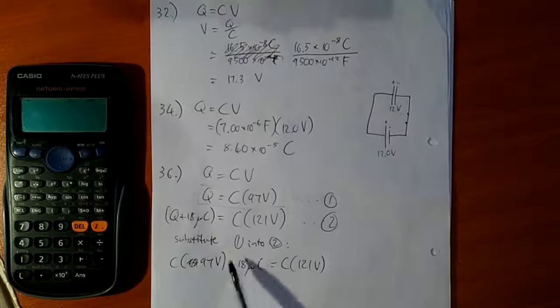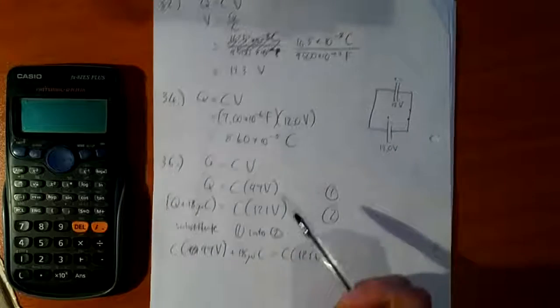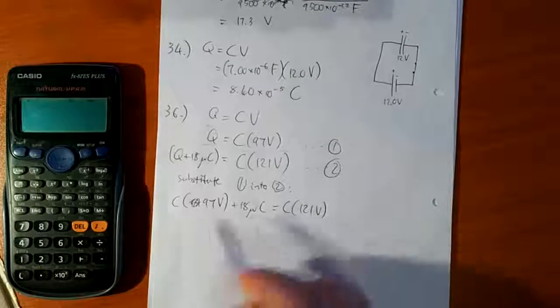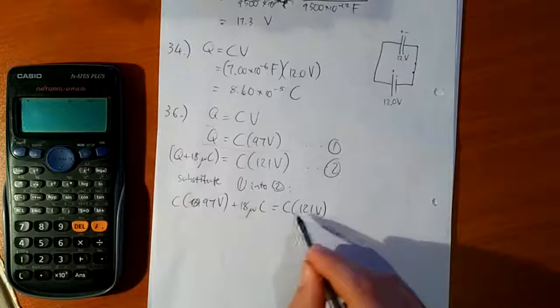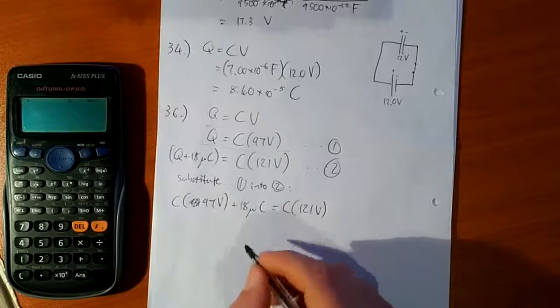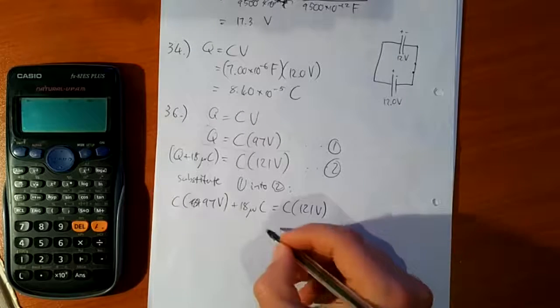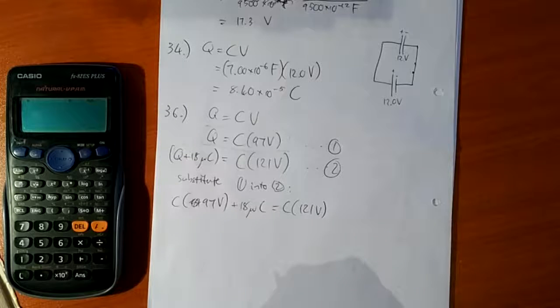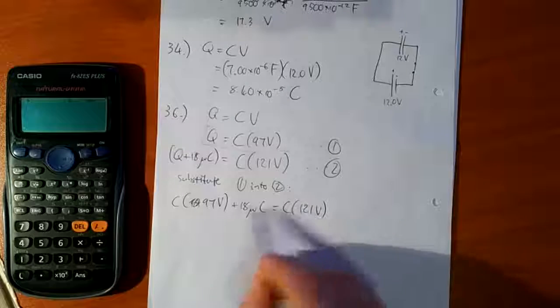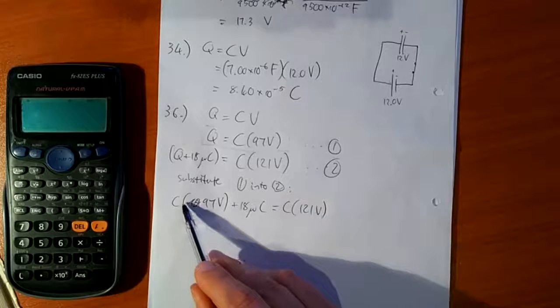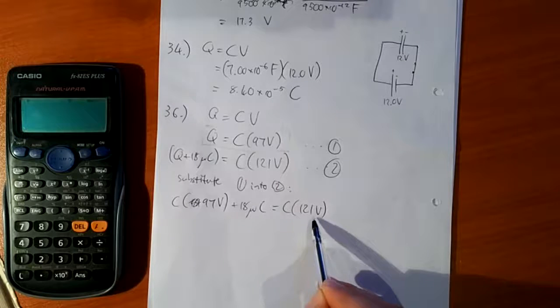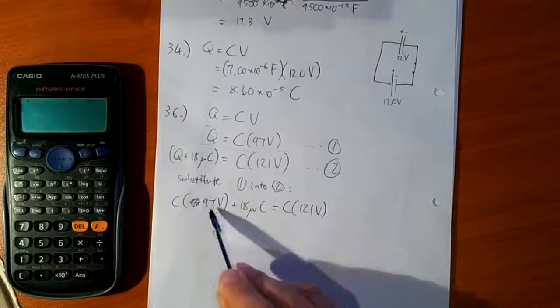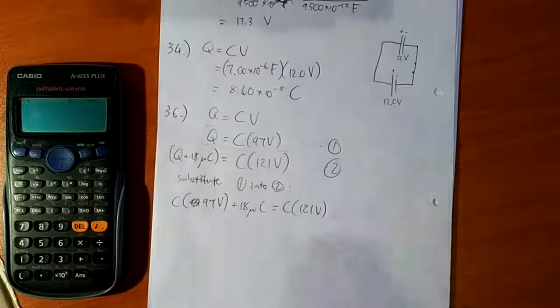Okay. It's preferable not to use units when you're doing algebraic manipulations like this, but we'll keep track of it. So let's get C by itself. I'll skip this step because I know now I subtract this term from that term. So then it's 121 volts minus 97, that is going to be 24 volts.